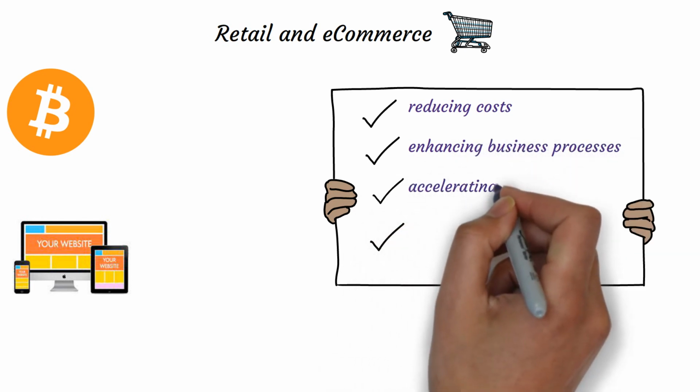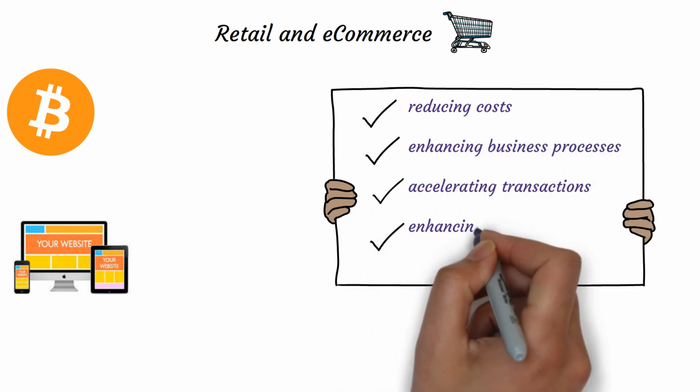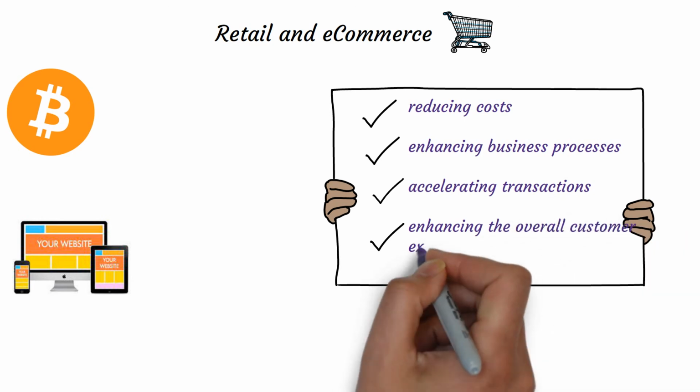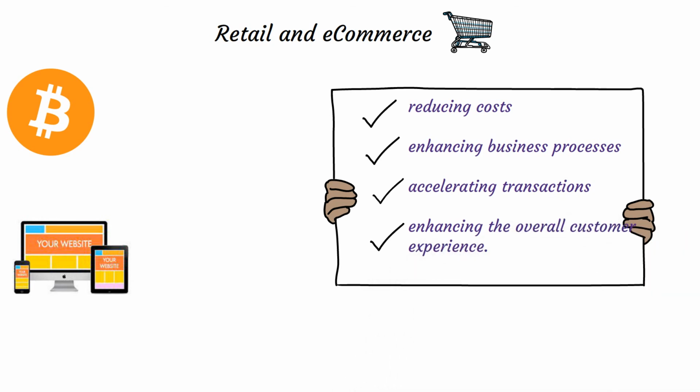In addition, it has the added benefits of reducing costs, enhancing business processes, accelerating transactions, and enhancing the overall customer experience. Due to the immutability of blockchain technology, retail blockchain applications can ensure that manufacturers cannot substitute your purchase with a cheaper product, and retailers cannot attempt to sell you a different, more expensive product.